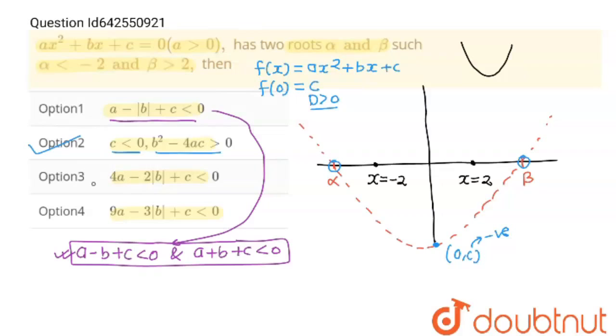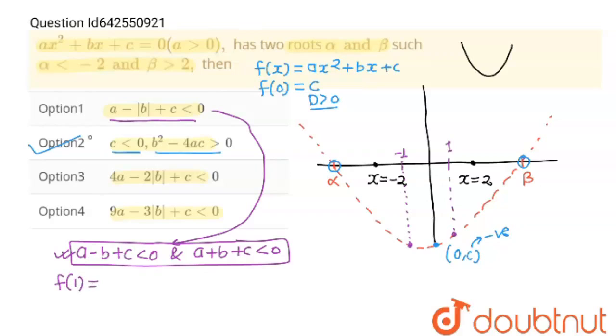And similarly for option 3rd, for a minus 2b plus c and a plus 2b plus c, if you want to remove mod. Okay, now see, there will be point -1 and here it will be 1. At x equals -1, the value of this will be negative, and at x equals 1, the value of this will be negative. So I am going to find f(1).